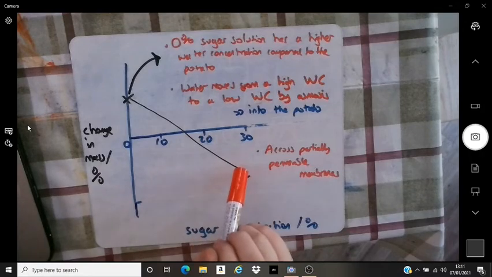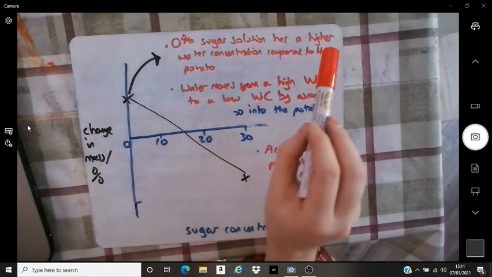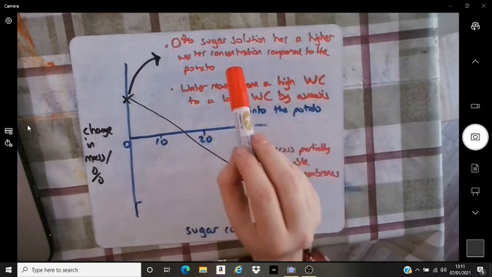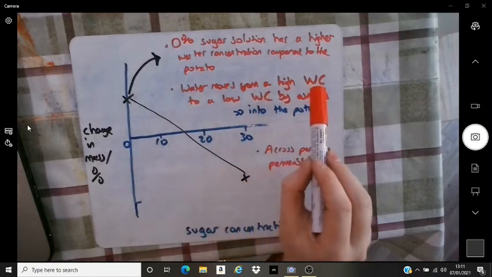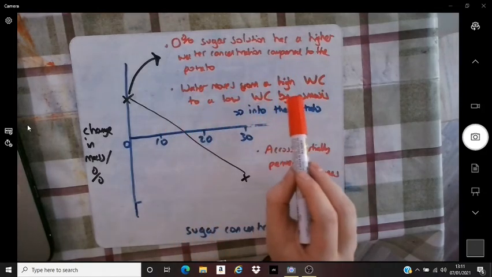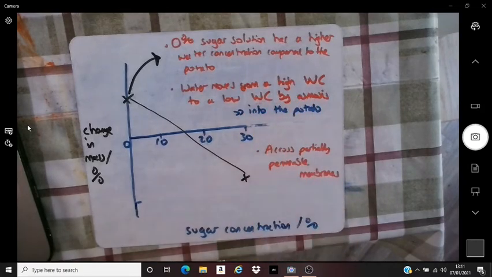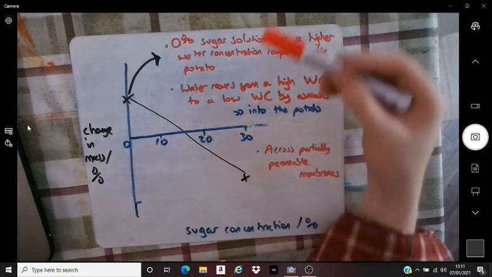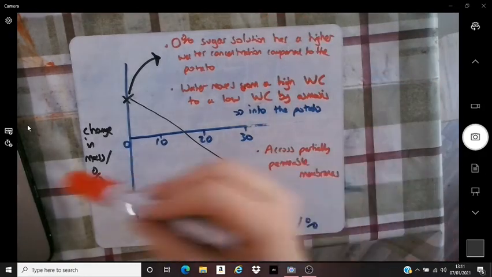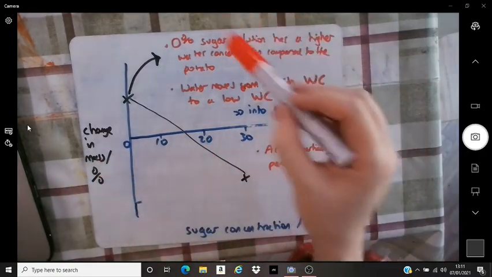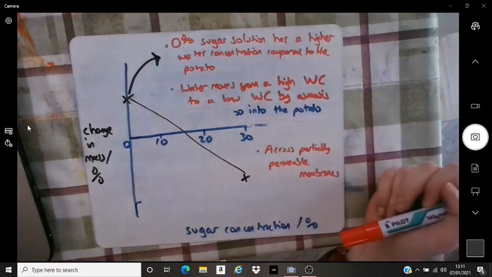At 30% sugar solution, the solution would have a lower water concentration compared to the potato. So water will move from a high water concentration to a low water concentration by osmosis out of the potato, across partially permeable membranes. So it's the same answer, just reversed, depending on where the higher water concentration would be.